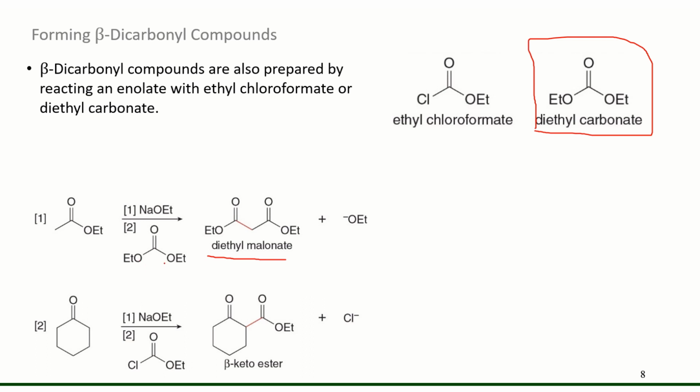Remind yourself that one of these guys here can be a leaving group. In the case of the chloroformate, this is the chloroformate. You can see, right, we have 2 different types of leaving groups. But of course, the chloride is a much better leaving group than the ethoxide. And so once we attack and eliminate, the elimination is going to be of the most stable base, which is the chloride anion.